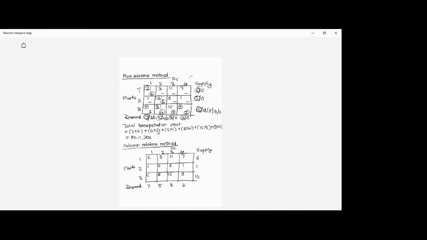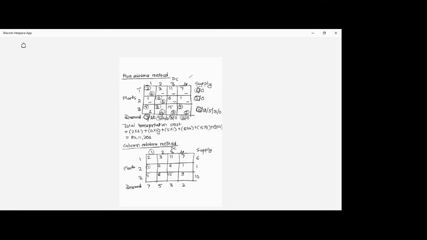and consider our first column, which is for distribution center 1. Here the demand that we have is 7, and that demand we have to satisfy considering both the constraints, the supply constraints as well as the demand constraints. In column number 1, the cell with the least unit transportation cost is this particular cell, which has the unit transportation cost as 1.